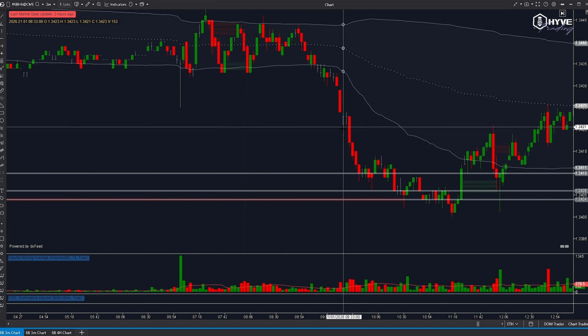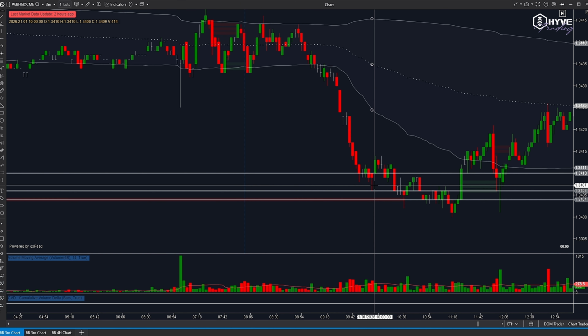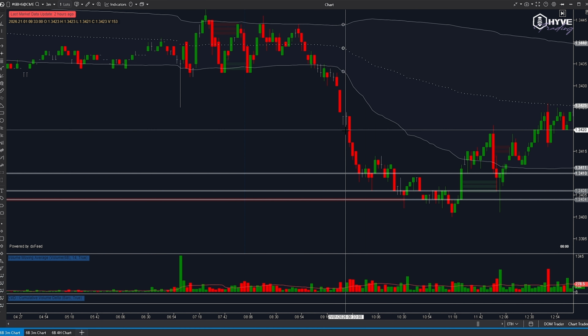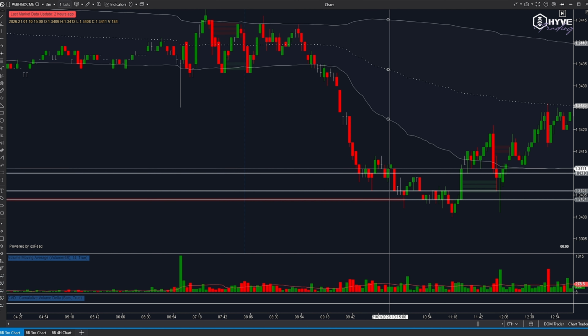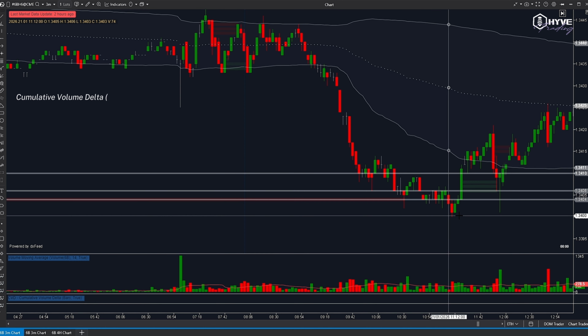Okay, so now that we've gotten our levels of interest, the next step is to determine whether buyers are in fact present in the market and if they are interested in getting involved at our levels of interest. One way we can do that is by using cumulative volume delta.